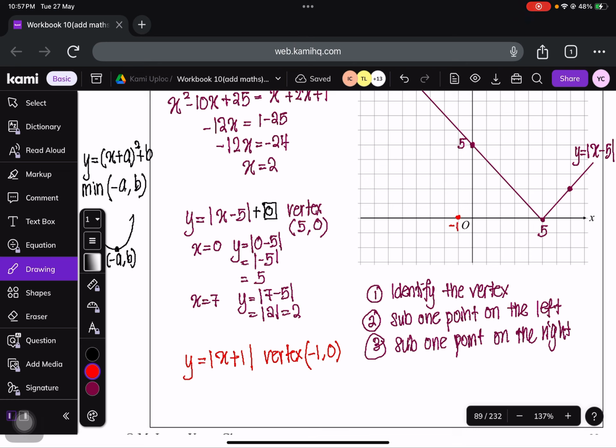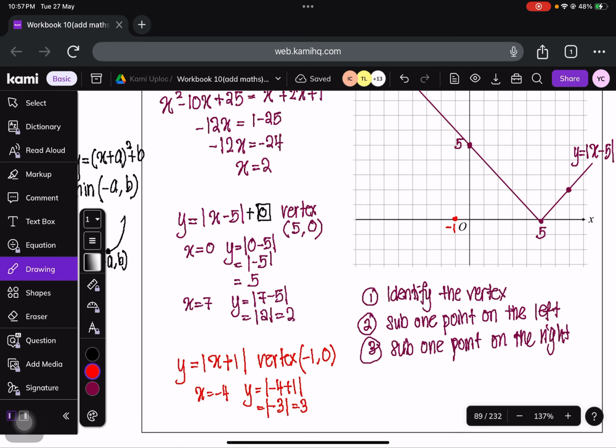Now then you choose a point on the left. Any point on the left, any number you like. Maybe I choose negative 4. So when x equals negative 4, then y equals modulus of negative 4 plus 1, which equals modulus of negative 3, which equals 3. So negative 4 is 1, 2, 3, 4.